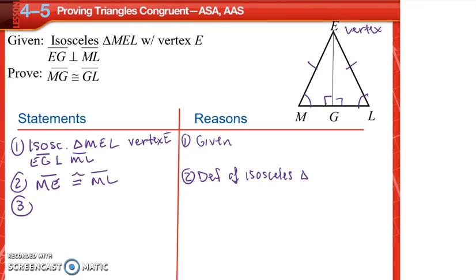Then the third thing on here is that angle MGE and angle LGE are right angles.